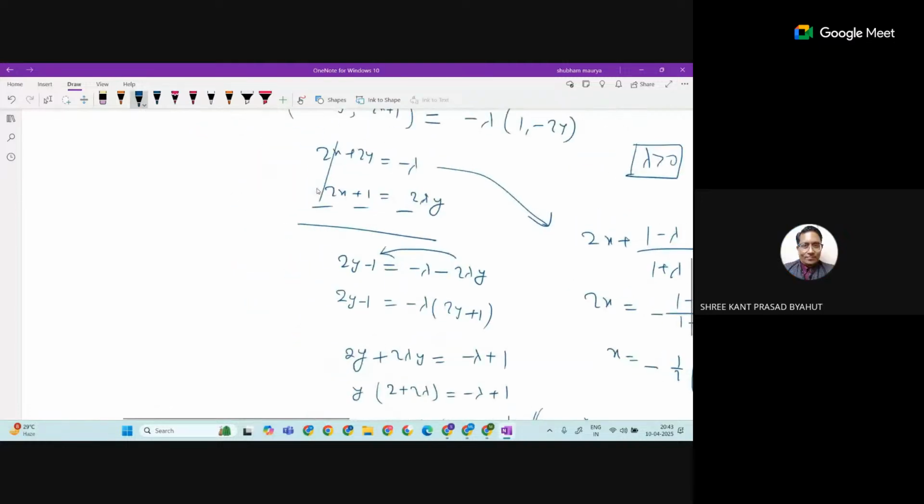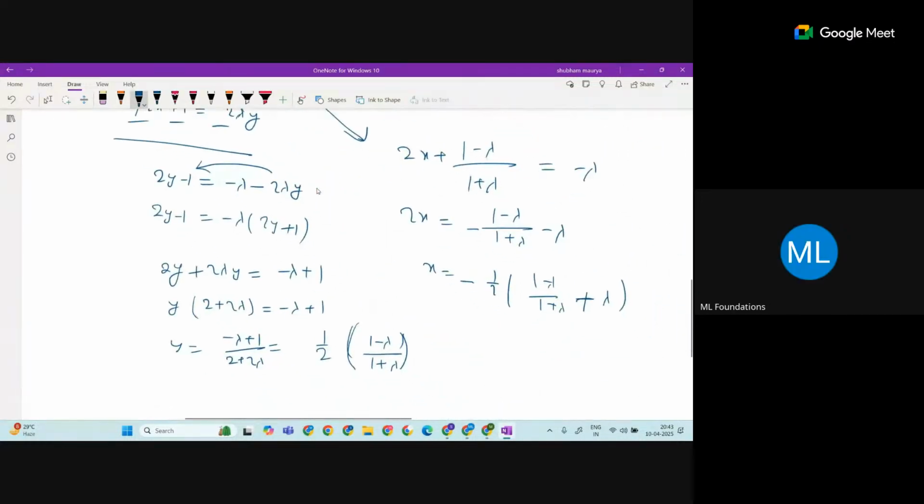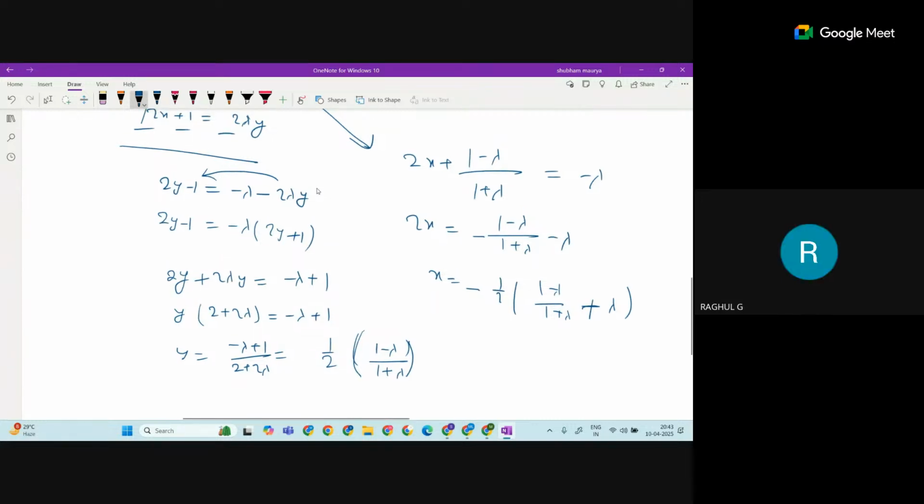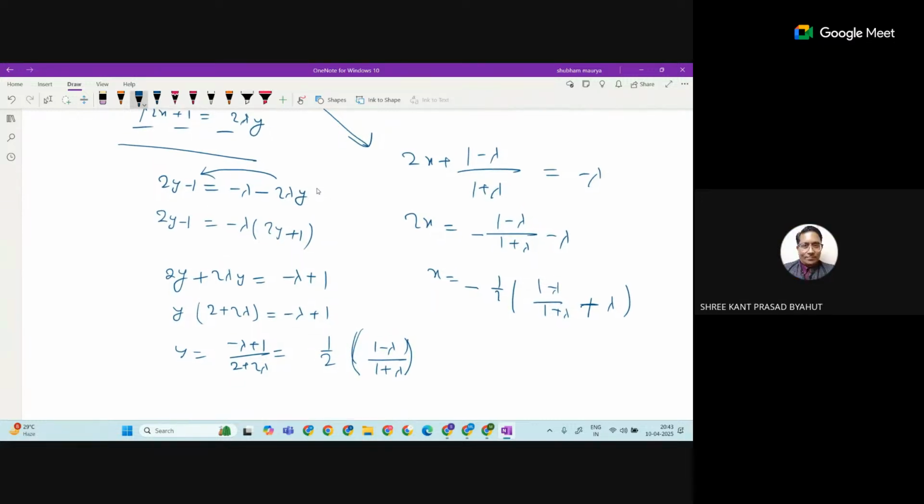So let's do it. It is lambda minus 1 minus lambda by 1 plus lambda. If you are rearranging, this is lambda minus 1 and here is minus, so it's totally okay.